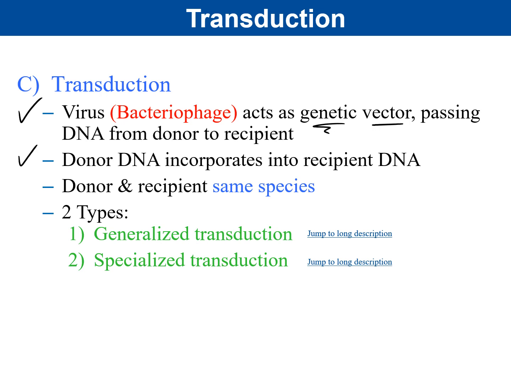The donor and recipient are thought of as being in the same species, or maybe even in the same subspecies or strain, because bacteriophage are very specific to their host in the vast majority of cases. There are some rare instances where a bacteriophage could adapt to infect more than one species.